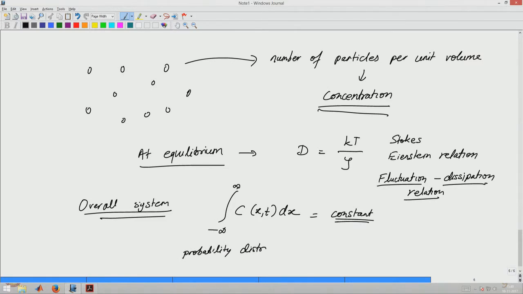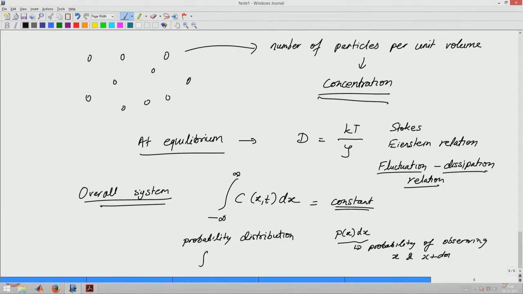and this we usually learn in our earlier statistics courses, that if P(x) is the probability density or probability distribution, P(x) dx is the probability of observing a value between x and x plus dx, and we know that when you do the overall probability from minus infinity to plus infinity, this is normalized.